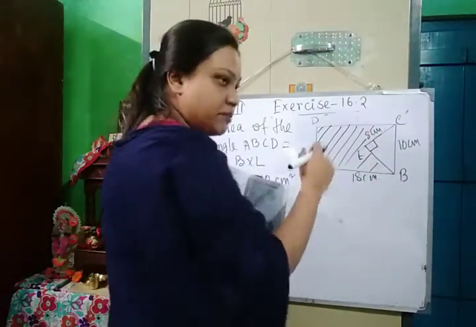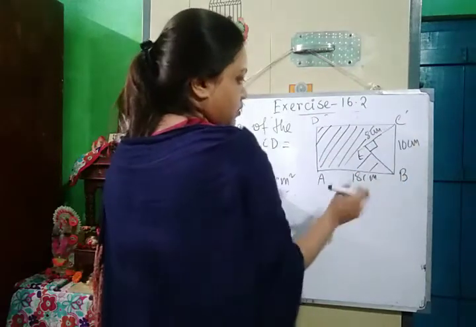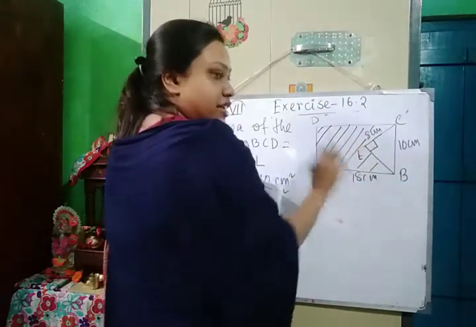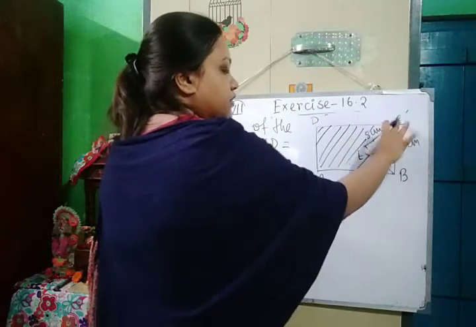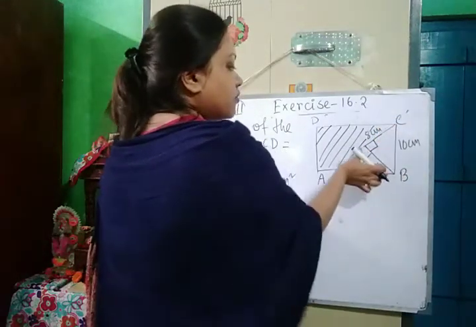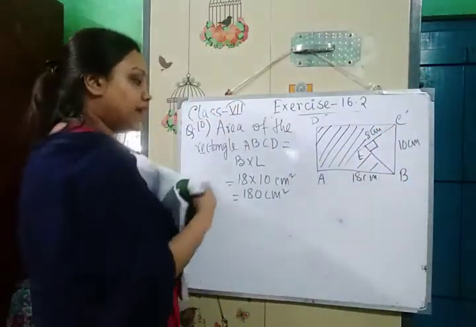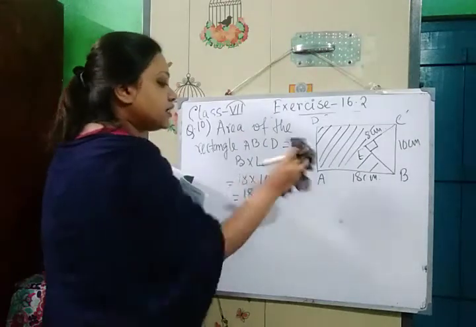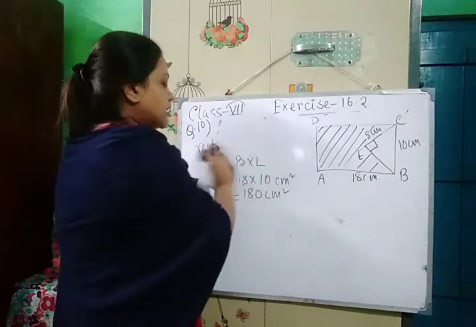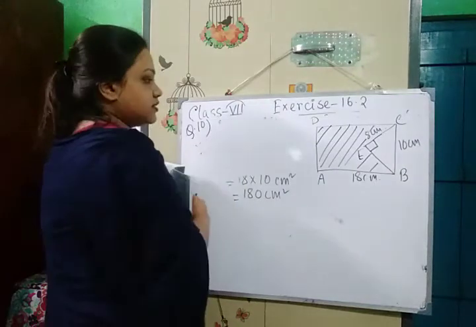How can we find out the base? This side we know. So see, this is a right angle triangle. We know the height, we know the hypotenuse, so we don't know the base. By Pythagoras theorem we can find out the base of the triangle.